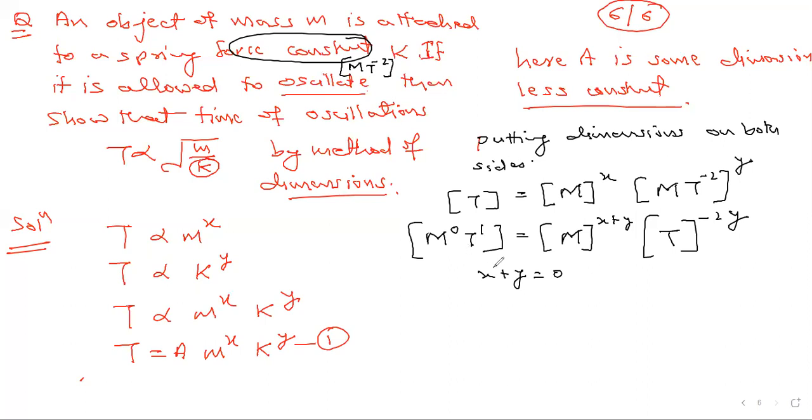I'm going in direct steps, I hope you people don't mind. t to the power 1, t to the power minus 2y, 1 equal to minus 2y. So y equal to minus 1 upon 2. So x will be plus 1 upon 2. Is this clear? Yes, sir. So please all of you send your solutions.